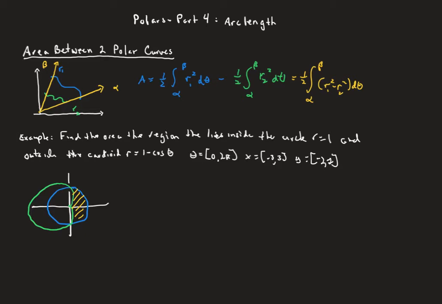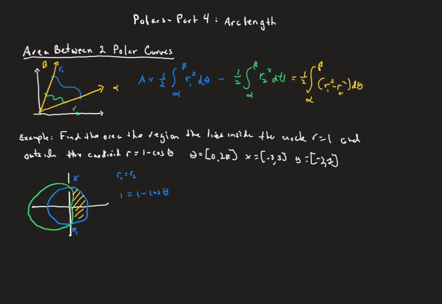So what we need to do is find those points of intersection between the two curves, and we probably have a pretty good idea what that is just looking at the graph, but we can set our r1 equal to r2. That is, we're going to set our 1, which is the circle, equal to 1 minus cosine theta, which is our second curve.